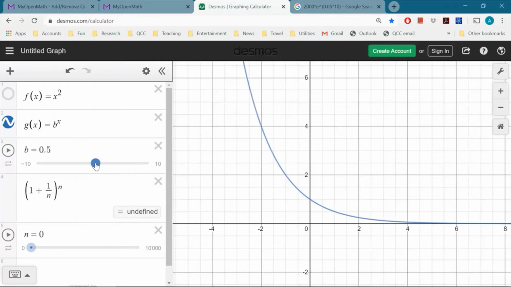It does the same thing it was doing before, but it's on the other side. And when b is a half, it's actually the mirror image of when b was equal to 2. And we can think about why that's the case. So when b is less than 1, we get a graph that decreases from left to right.